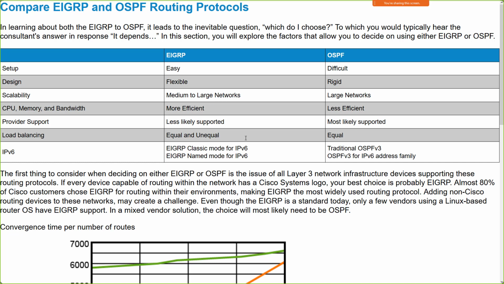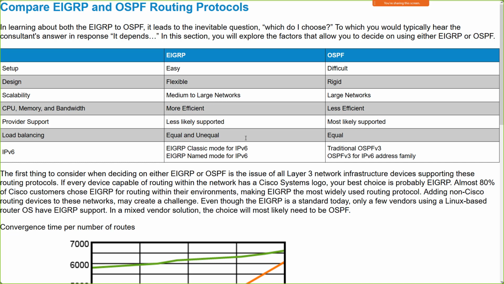EIGRP certainly very easy to implement. The design of EIGRP is very flexible. And what they mean by that is that with EIGRP, we have the capability of implementing summarization arbitrarily in the topology.